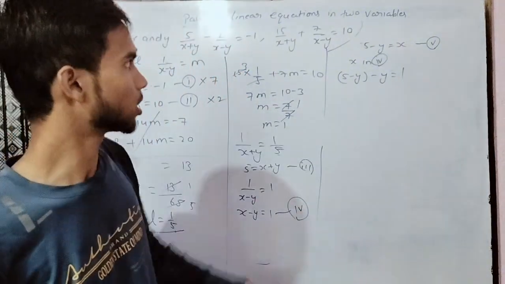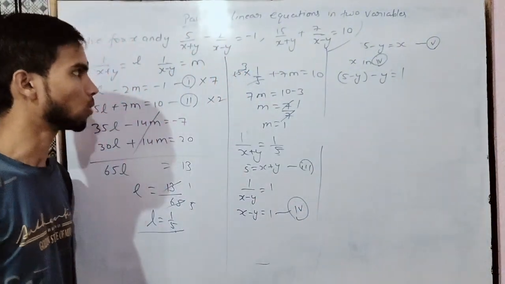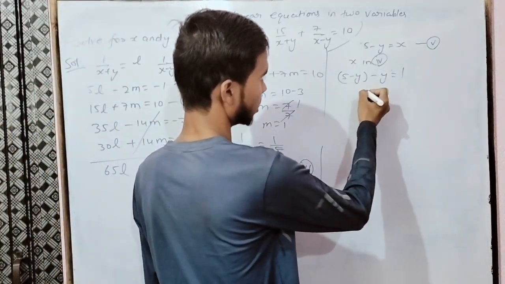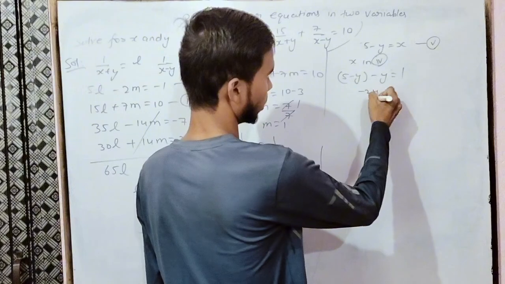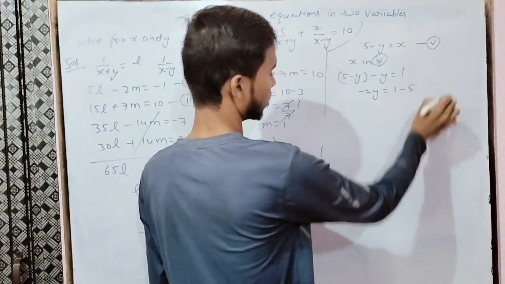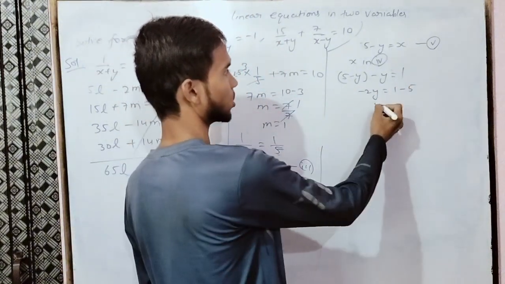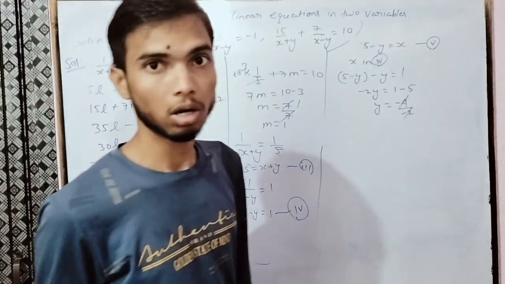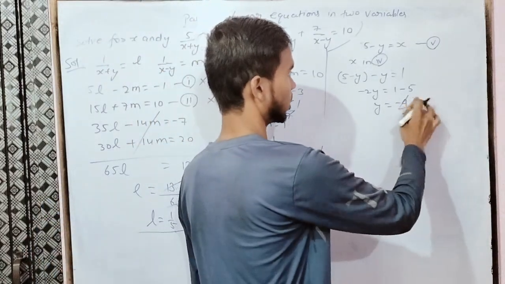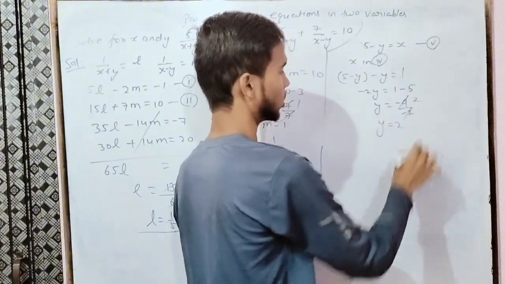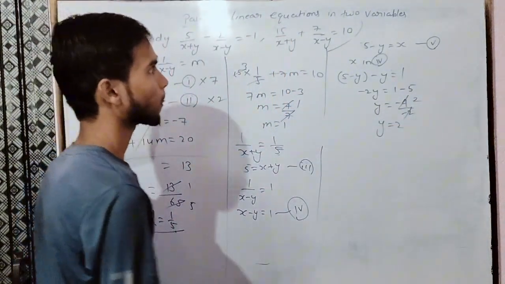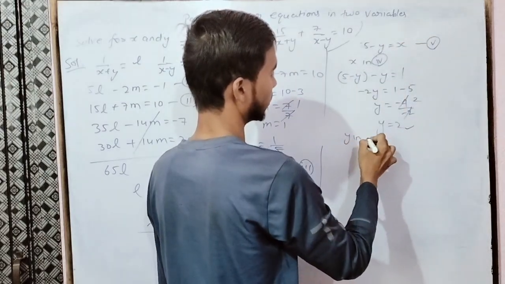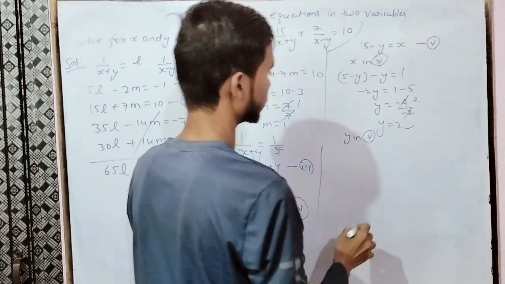From here we will get the value of y. So can we say minus 2y is equal to 1 minus 5? Of course, yes. Minus 4 upon minus 2, we get y is equal to 2. So finally, now we will substitute this value of y in the fifth equation.